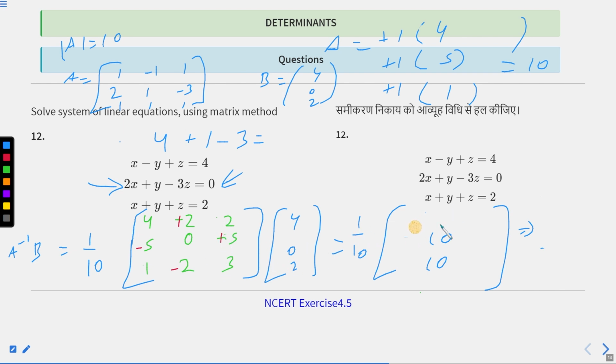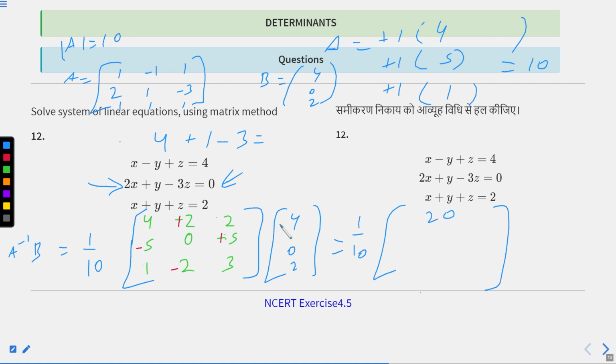Now, that was the thing I wanted to do. Now 4 times 4 is 16, plus 4 is still 20. Okay, once again, 4 multiplied by 4, 0 multiplied by this, this multiplied by this, you will have 20.